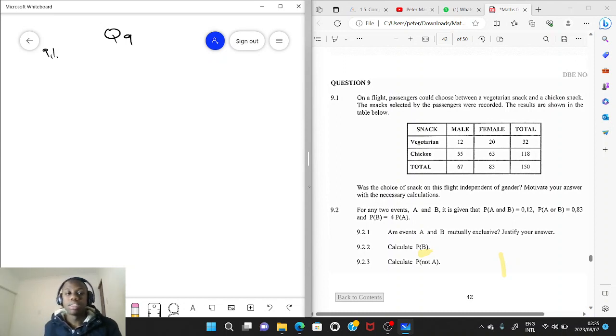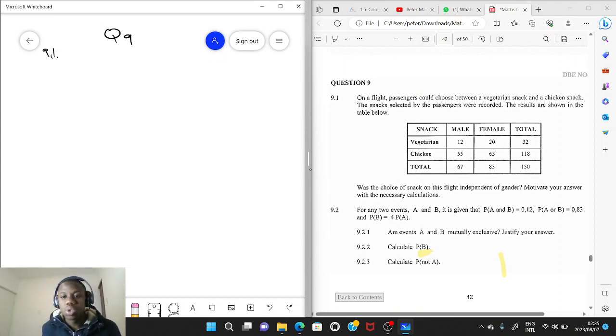This question is simply trying to play with our mind. It is the same as asking whether these two events are independent or not.